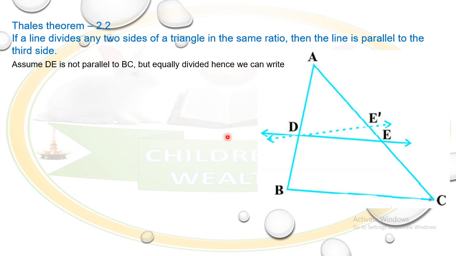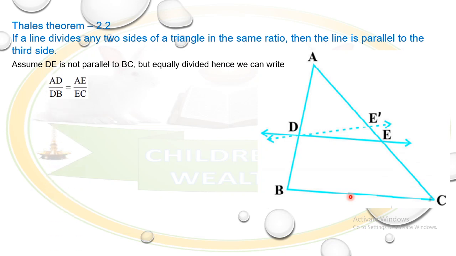Assume DE is not parallel to BC but equally divides AB and AC.